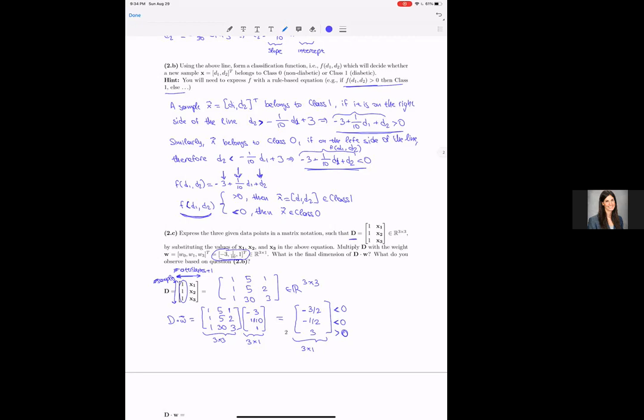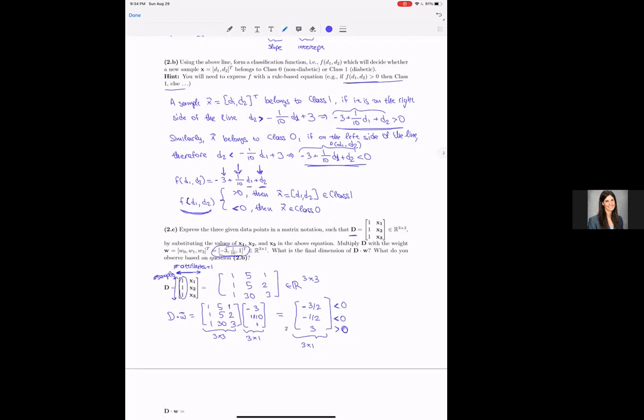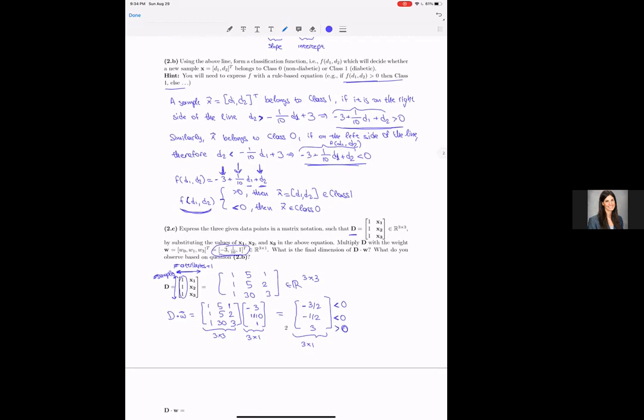In this case, our variables of interest are D1 and D2, meaning the BMI and the number of relatives with diabetic history. And we also have here, in this specific case, another hidden variable, which is just our bias, the constant of 1 by which all these equations are being added to.